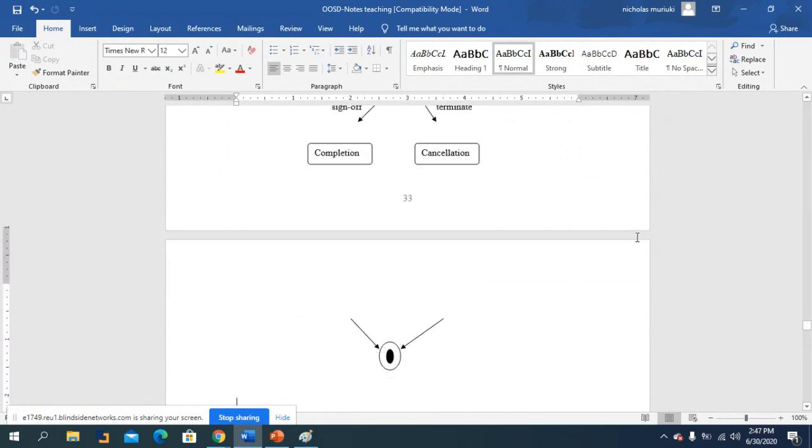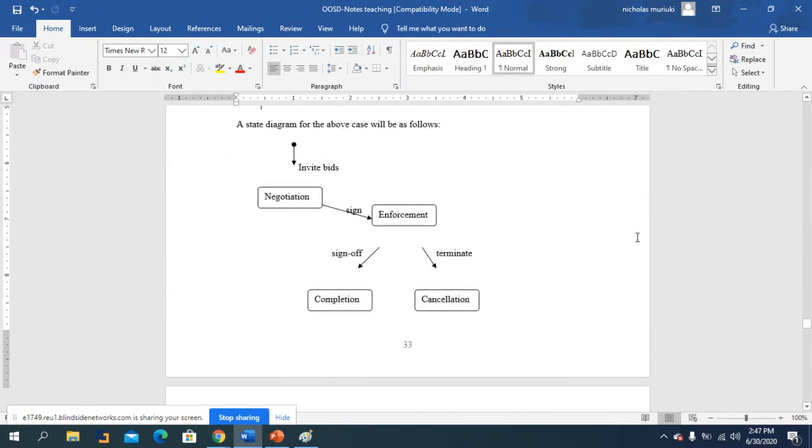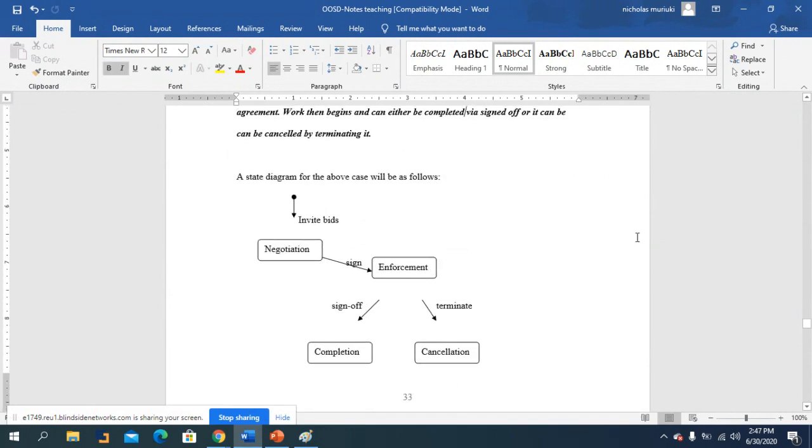So if you can try to come up with some advantages that you are supposed to have within the state diagram, the state diagram is very easy to implement. The second thing, you are looking at the operation of a system in general, instead of looking at different activities, and then we are still looking at different operations instead of looking at the people or persons who have done that.